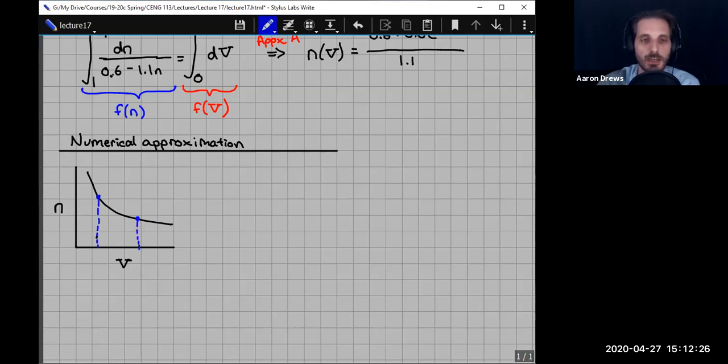We've just picked a random chunk of the n of v curve. The distance that we chose to step, delta v, is from here to here. So the volume over here is v. By the time we get to this next one, we've gone up to a volume of v plus delta v. We've just moved a little bit.